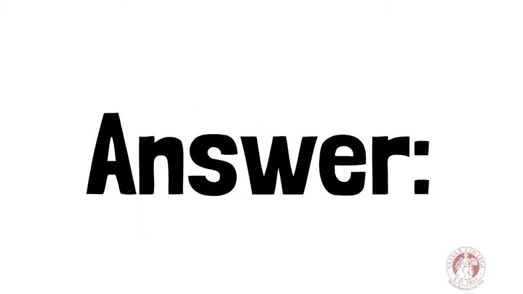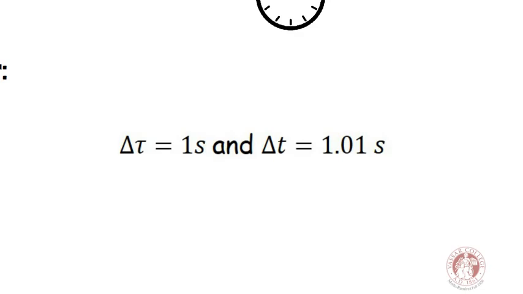Answer: as stated by the problem, we can use delta tau equal to 1 second. Also, as we can measure up to 1% precision, we set delta t equal to 1.01.